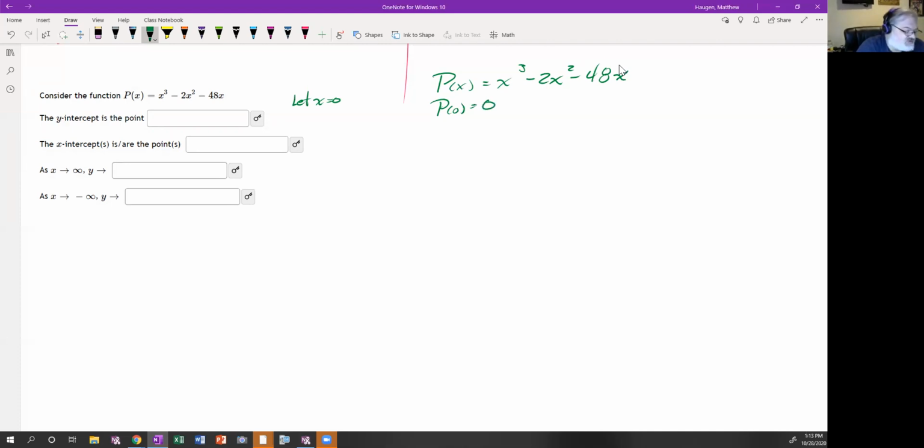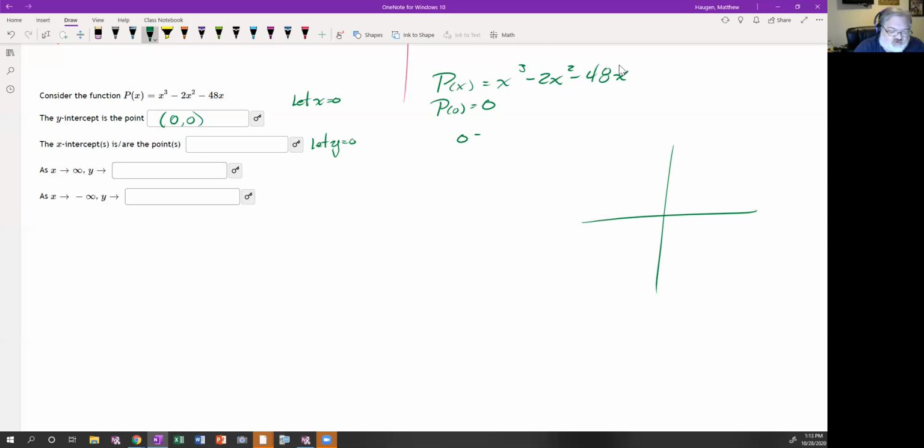So we have a y-intercept at the point 0, 0. Which means we ought to have an x-intercept there too, right? So that should be natural. If we want to find all the x-intercepts, we let y equal 0, or the function equal 0.